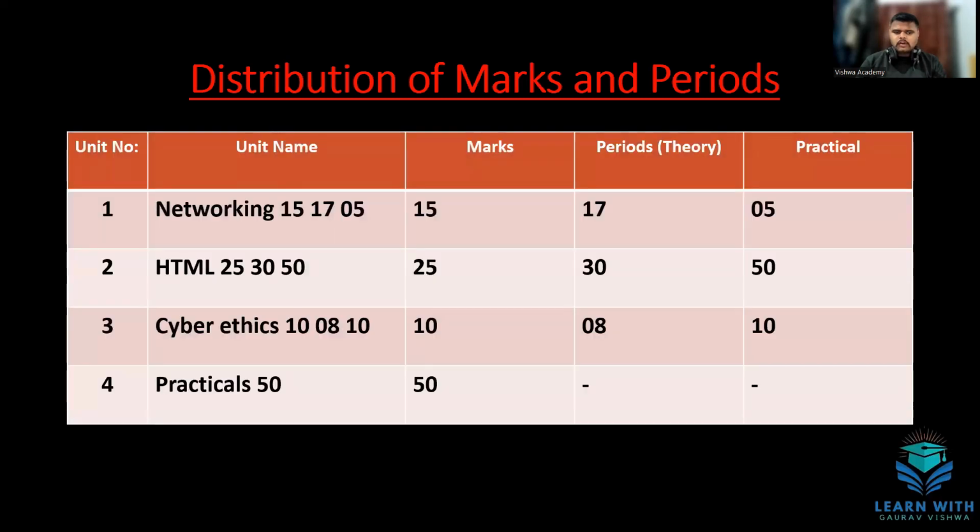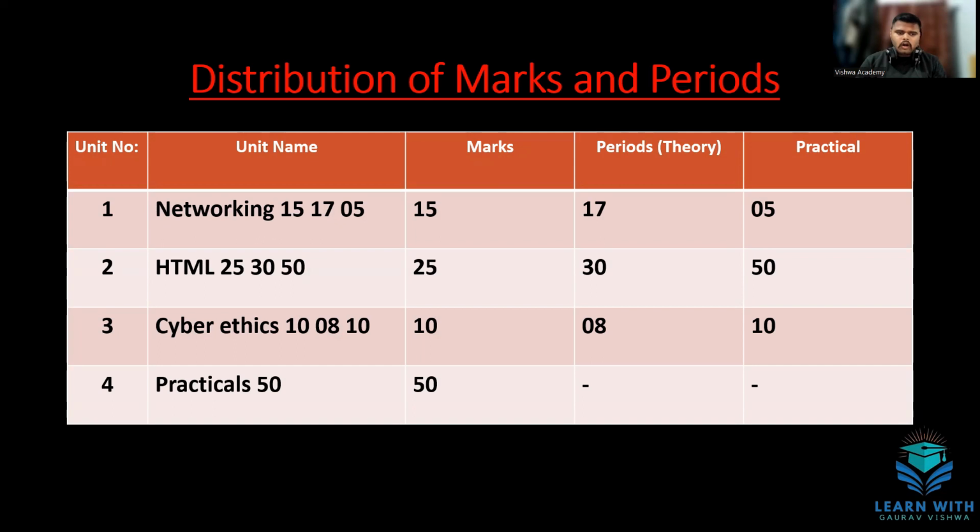So this is made of 4 units, and the last unit is practical, and units 1, 2, and 3 are networking, HTML, and cyber ethics. Networking and HTML both are very important, but as we all know, cyber crime is increasing day by day, so maybe this year you get a maximum number of questions on cyber ethics.